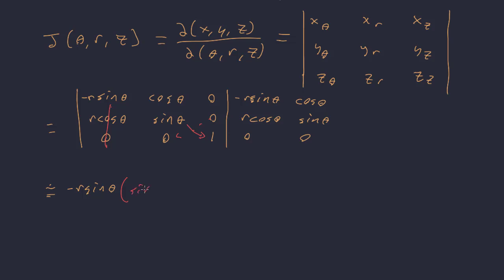All right, so it'll be sine theta minus 0. All right, then it will be plus, now we move on to the next one, so it'll be cosine theta times the main diagonal minus the opposite diagonal. So it will be 0 minus r cosine theta.